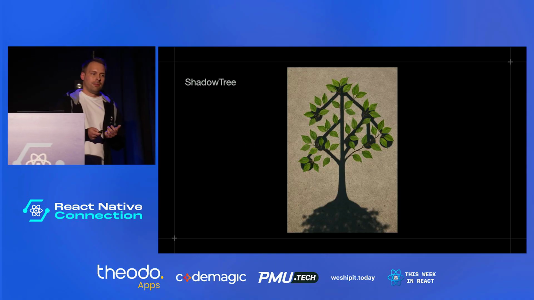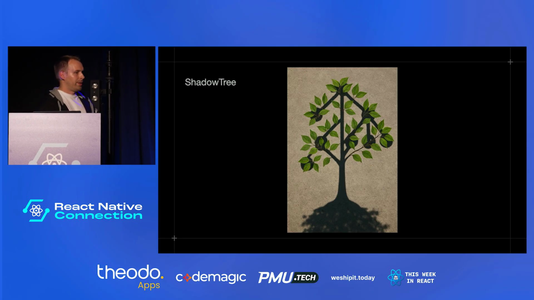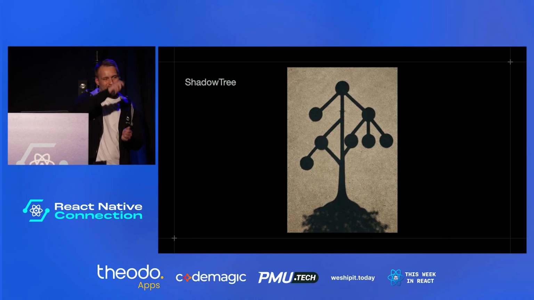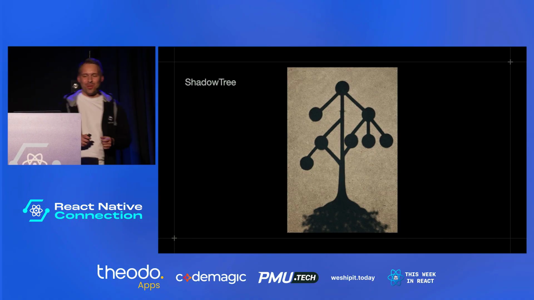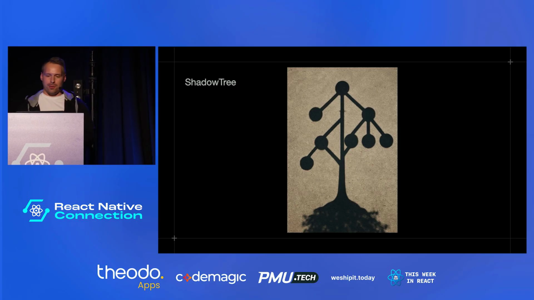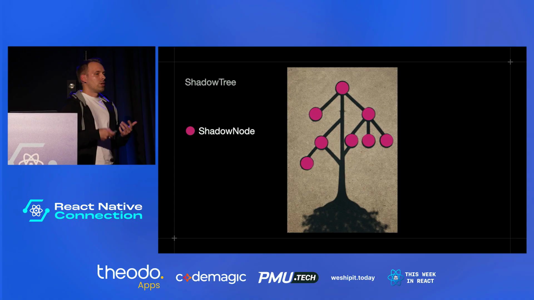Our shadow tree, you can imagine this tree like that. I actually generated it with ChatGPT, and it's not true because you need to invert it. So the root is at the top, but let's pretend this is the root of our tree. And our tree represents all the shadow nodes.